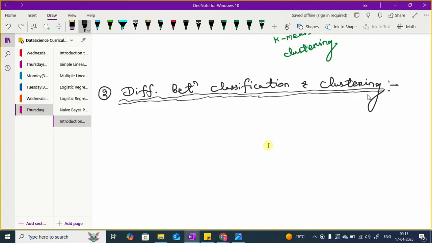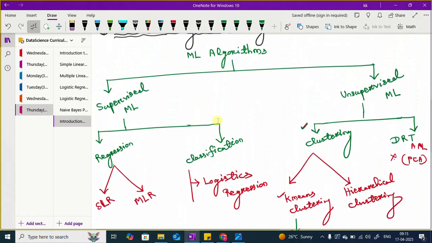Guys, do you remember in our initial class when I started machine learning, I showed you two beautiful pictures to explain the difference between supervised machine learning and unsupervised machine learning.